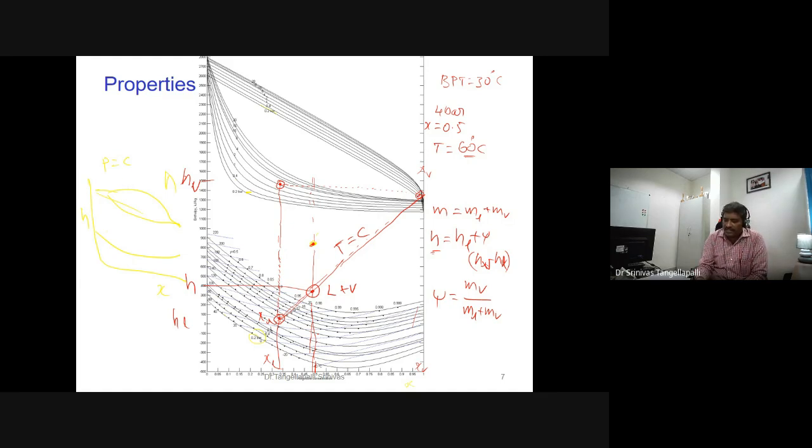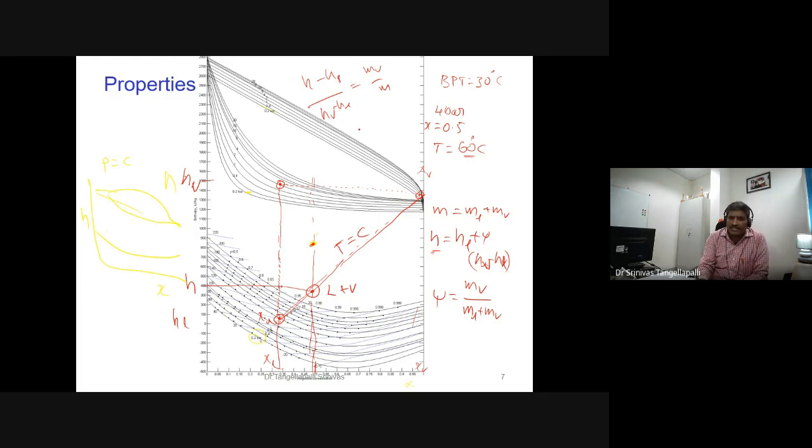Have you simplified the equation? H minus HL by HV minus HL is equal to MV by M. Have you got this simplification? Yes, sir. Okay. Now, H minus HL is the opposite side of the vapor line.